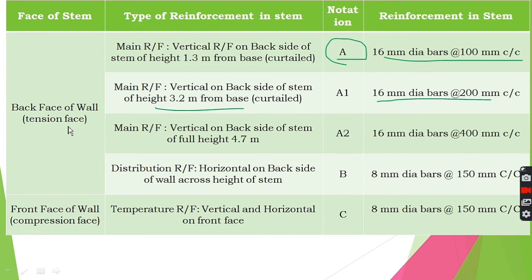Now this was the tension face, and in the tension face we have another distribution reinforcement in horizontal direction designated by B, and this is 8 mm dia bar at 150 center to center. In the compression face we have temperature or distribution reinforcement in vertical as well as horizontal direction, same 8 mm dia bar at 150 mm center to center.